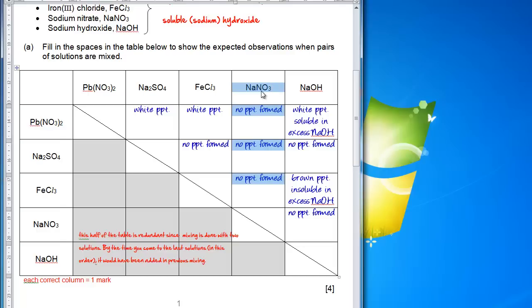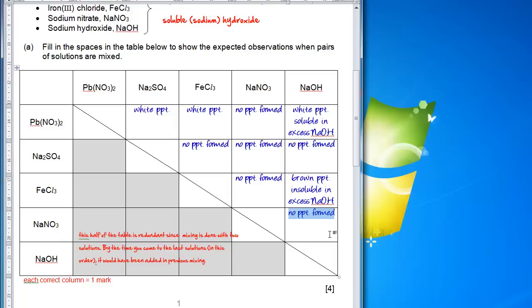Can you see that? See NaNO3: there's no white PPT formed with PbNO3, no white PPT formed with Na2SO4, no white PPT formed with FeCl3, and no PPT formed with sodium hydroxide.